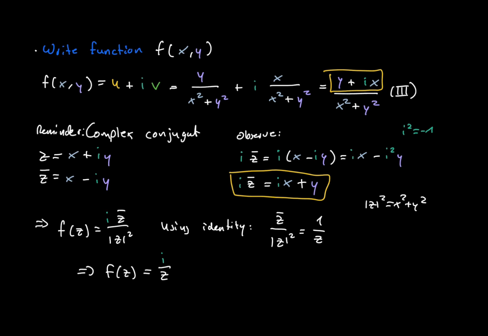And now we use one standard identity. z bar over mod z squared equals 1 over z, as long as z is not 0. So finally we obtain f of z equals i over z. That is the holomorphic function with the given real part.